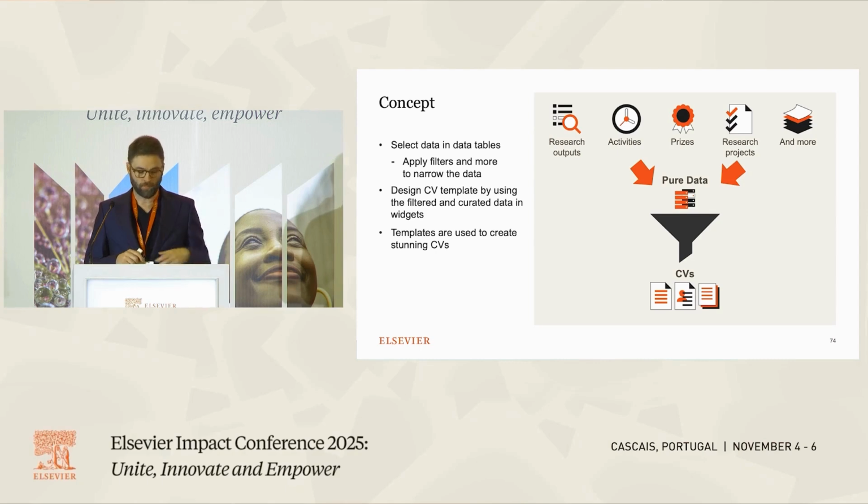That could be research outputs, activities, prizes, projects, you name it, right? So all the different elements we have in Pure can be included in a template. So you can use that data you have in Pure, that data you spend all the time making sure that researchers and your colleagues are actually collecting inside of Pure. You design the template, and then these templates are used to create CVs, right?